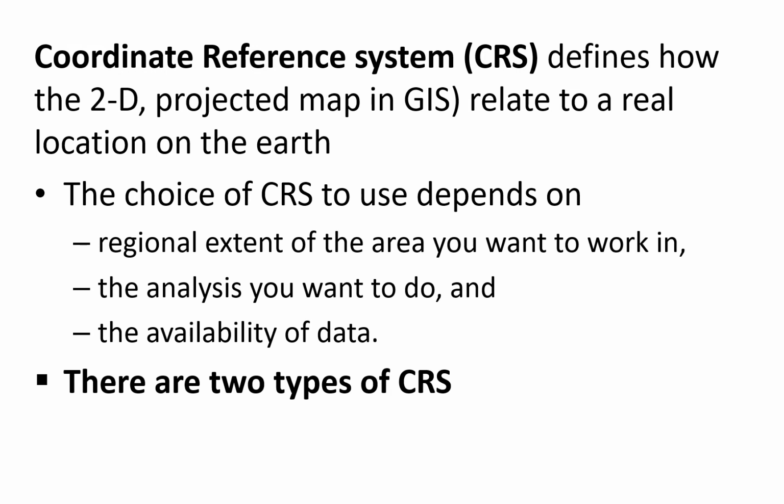So the coordinate reference system, the CRS, defines how a two-dimensional projected map in GIS is related to a real location on the Earth, as I've said. Now, the choice of the coordinate reference system depends on three things.